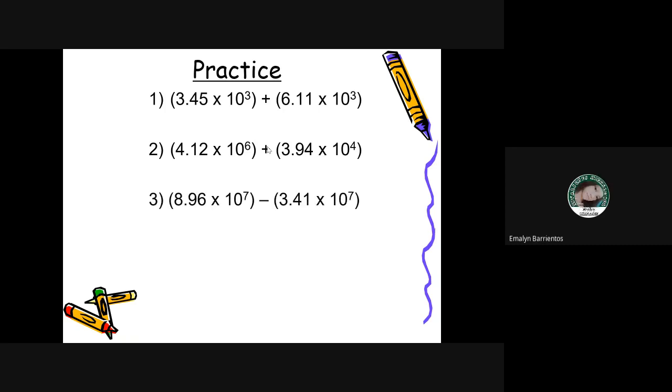Practice makes perfect po. Ayan, pareho po yung exponent. Magsusubtract lang. 5.55 times 10 to the 7th power.